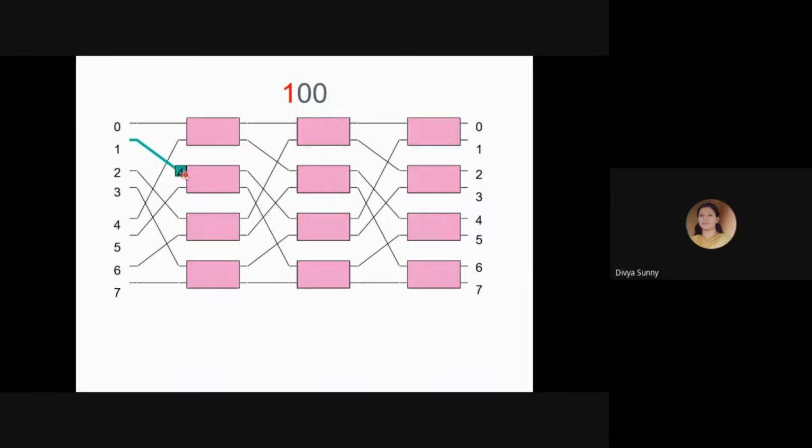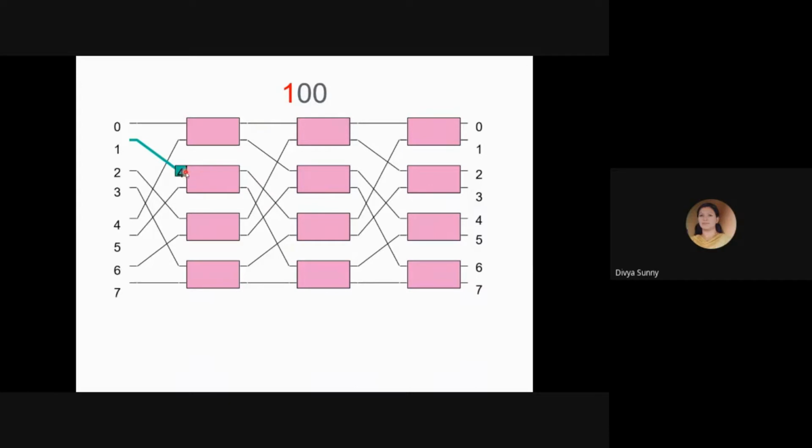And then when it reaches stage 0, so this is the stage 0 switch, this is the stage 1 switch and this is the stage 2 switch. Okay, so when it reaches the stage 0 switch, it checks the most significant bit of the destination tag. So here the most significant bit is 1.